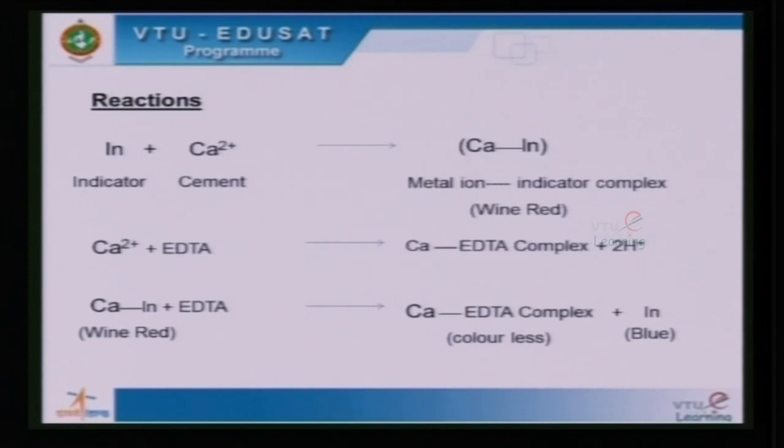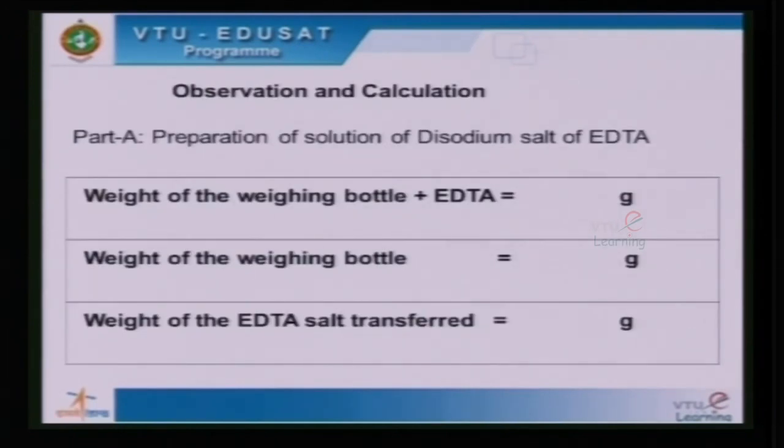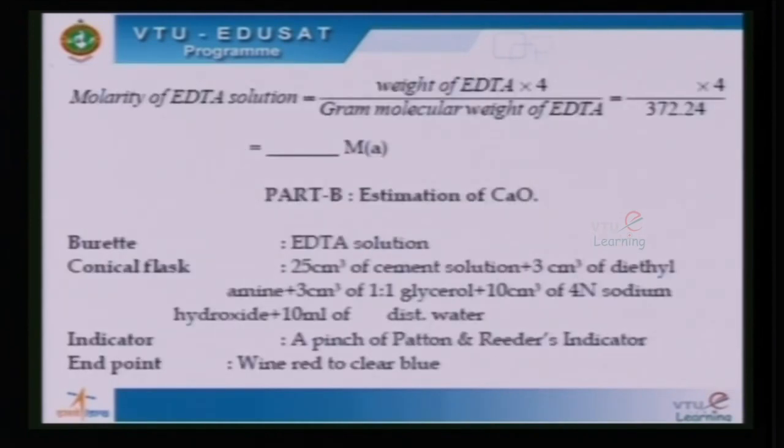This brings down the pH of the solution, and the pH is maintained by diethylamine. Calcium indicator complex is finally dissociated by EDTA near the end point, and indicator is released free. The solution turns blue due to the free indicator.